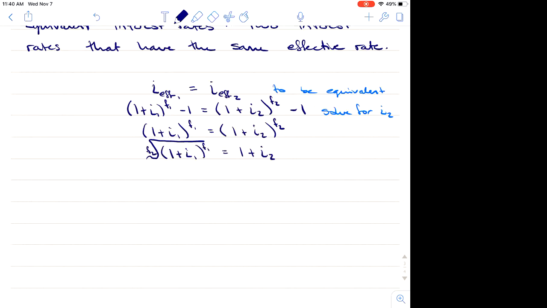Nice. Remember that trick where we rewrite the root as a power with a fraction? So this would be the same as 1 plus i1 to the power of f1, to the power of 1 over f2.